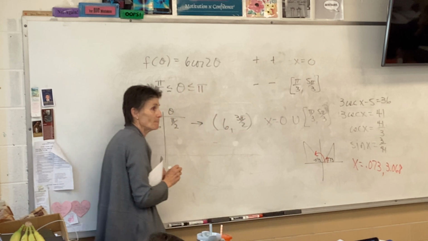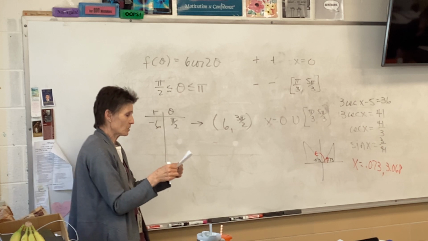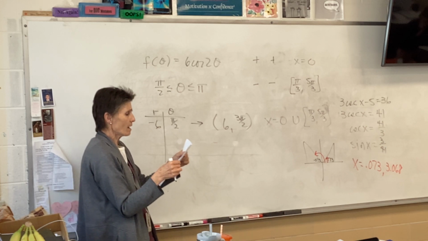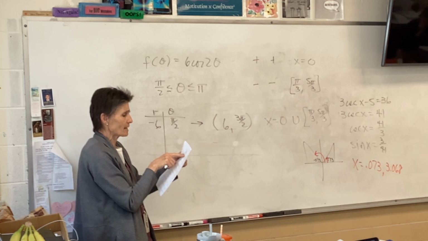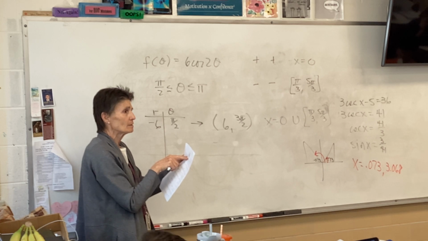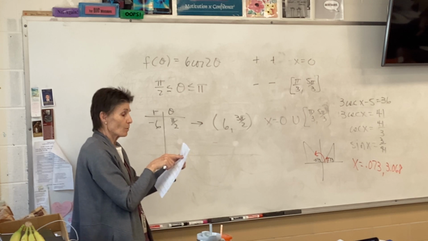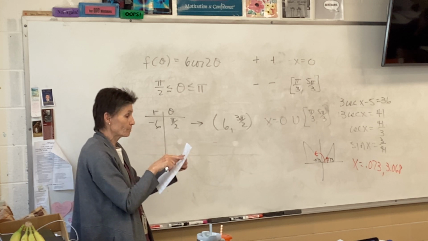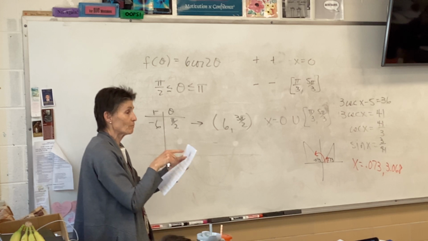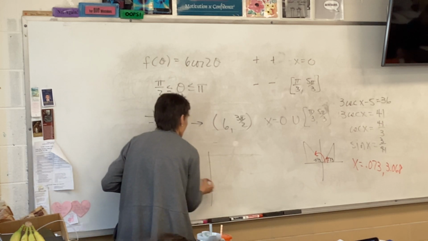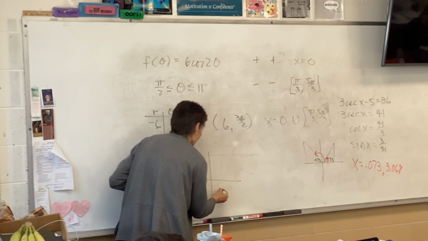Would you agree with that? So I'm looking at my picture. At 6 comma 3 pi over 2, it looks like I have point D. Right, everyone? Okay, so in the problem, they actually told me that one piece is going from D to E. So I'm starting here at that D and I'm wrapping around to E.